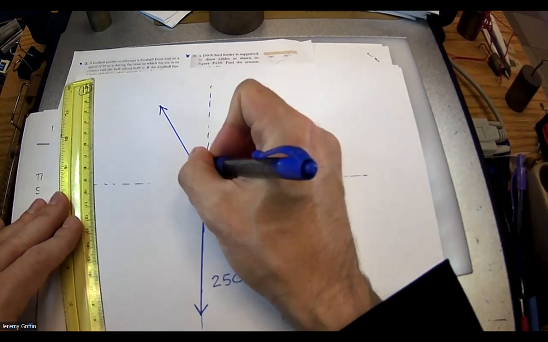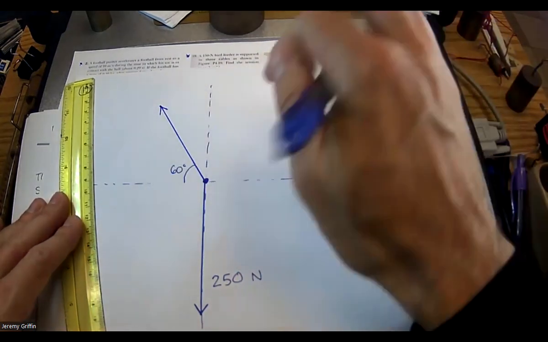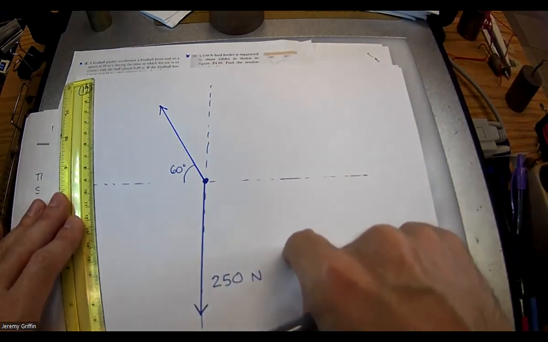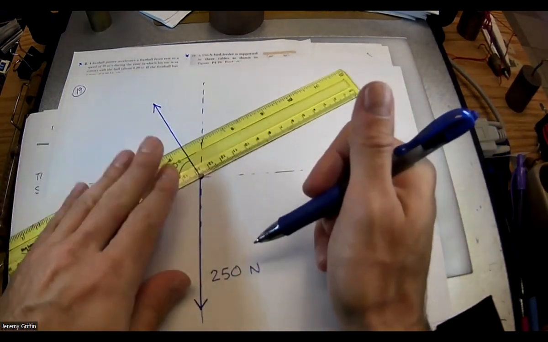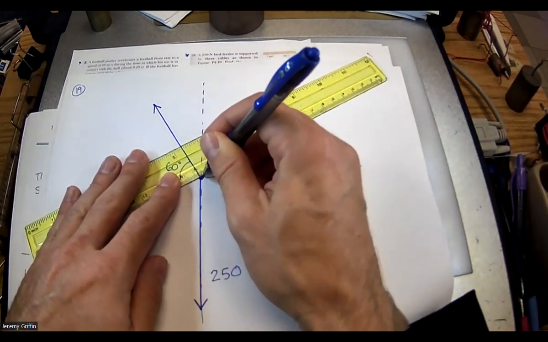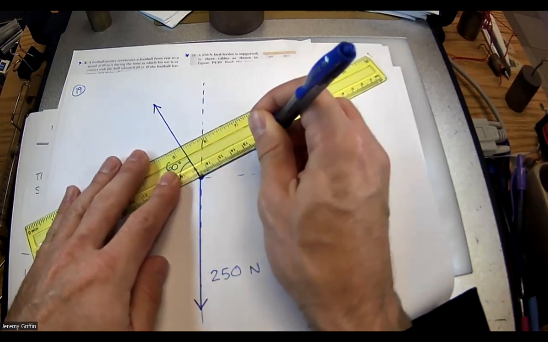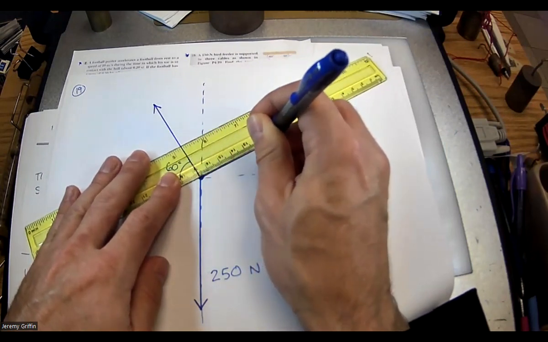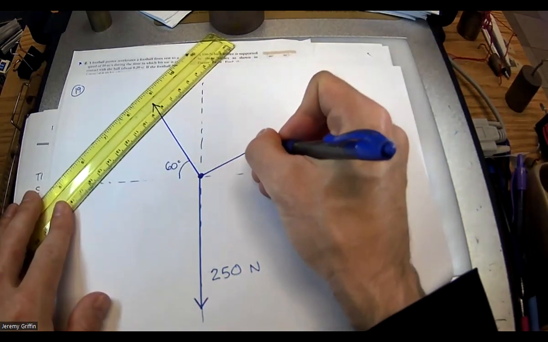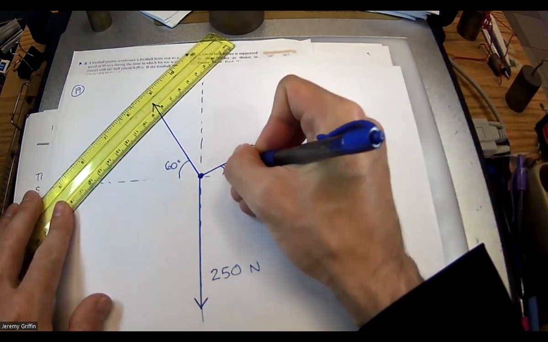Now they said that this angle right here is 60 degrees. Well, they drew it in a different place, but that would be equivalent to that angle there, wouldn't it? And then there's another one going this way, like 30 degrees. I'm going to draw that one kind of short, and you'll see why as this plays out. So this right here is a 30-degree angle.